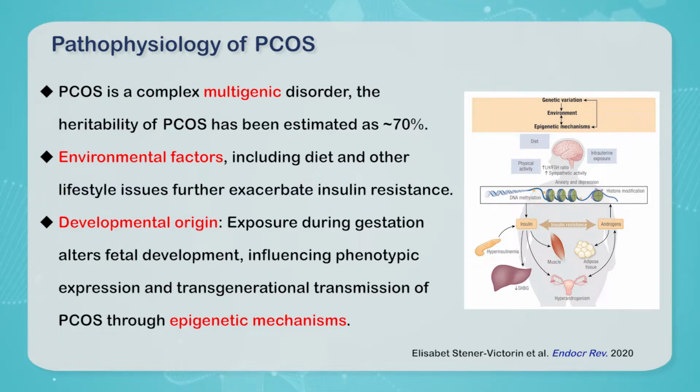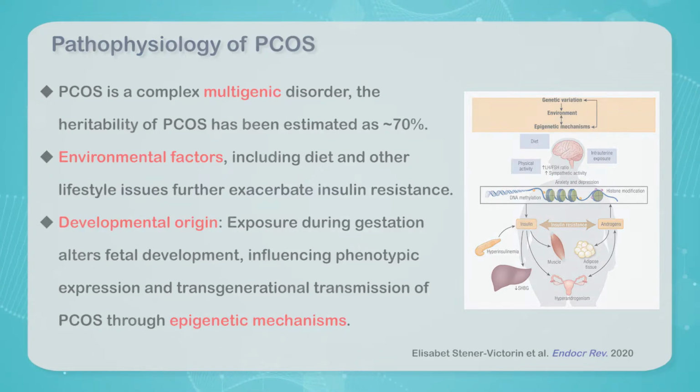Moreover, increasing evidence suggests a developmental origin of polycystic ovary syndrome. That is, exposure during gestation alters fetal development, influencing phenotype expression and transgenerational transmission of PCOS through epigenetic mechanisms.